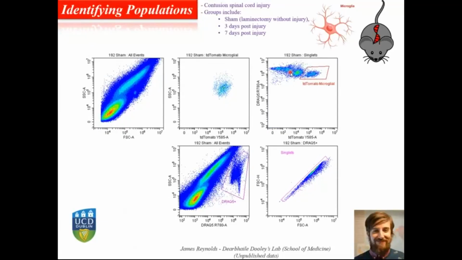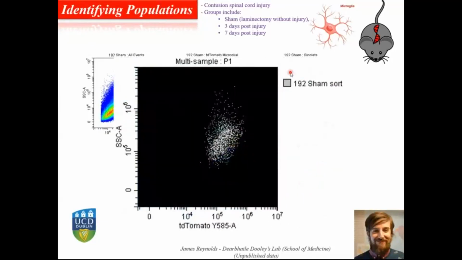Fantastic, easy. Now, beauty. As I said, we can do the overlays to verify my analysis, or use the same software for reanalysis. So this is on day 0 when they do the laminectomy. Then on 3 days afterwards, we can see clearly how these events have increased on their side scatter.